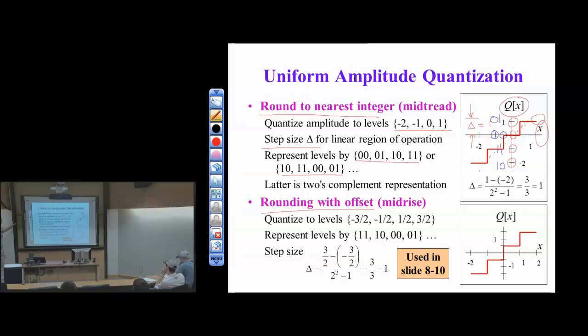It is not gray coded because I have 2 bits changing from 1, 1 to 0, 0. Okay, but what is it? Remember, I'm trying to map the quantization levels, which is 1 to 0, 1, 0 to 0, 0, minus 1 to 1, 1, minus 2 to 1, 0.